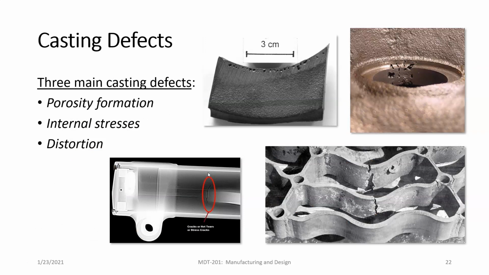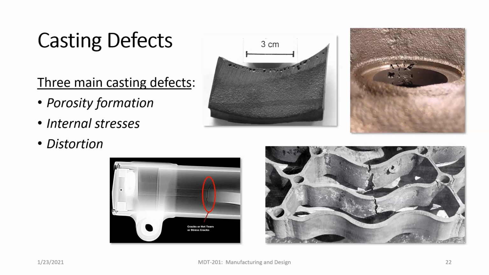All right, so what are some casting defects that we run into? Well, there are 3 main casting defects. We have porosity formation, internal stresses, and distortion. All right, porosity formation are these little bubbles or holes that we see in the casting, and they're from bubbles of gas that haven't escaped. Internal stresses are when we have tension that builds up in the casting, and it's got to find its way out, right?